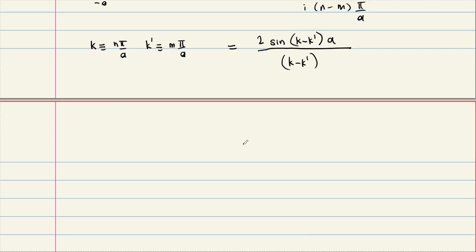As an exercise, there is a limit expression that will generally come up when we are dealing with Fourier series and things like that. Let me write it and ask you to convince yourself this is the case. So the limit as a goes to infinity of 2 times sine of (k minus k prime) a divided by k minus k prime.